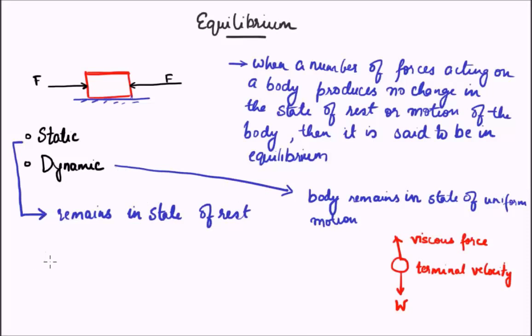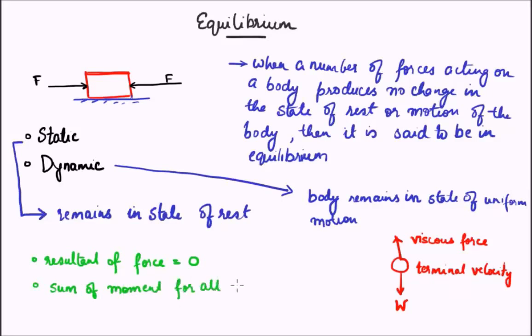The conditions of equilibrium are: the resultant of forces is equal to 0, that is, there should be equal and opposite forces, and the second condition is that the sum of moments for all forces acting on the body is also equal to 0. Why is this important?